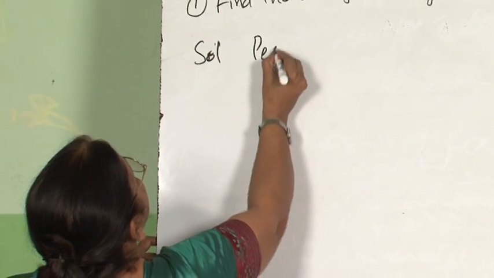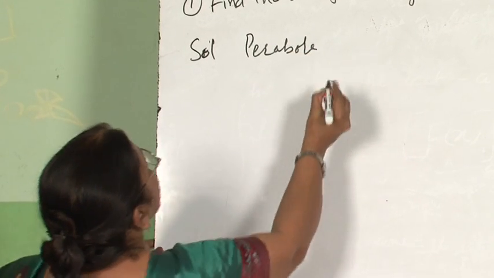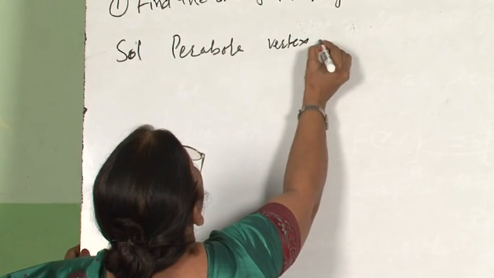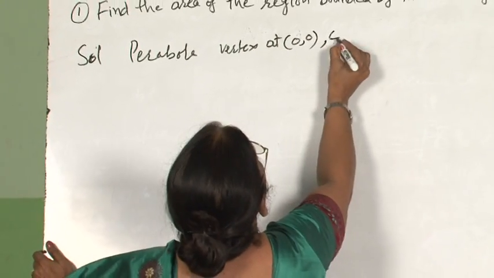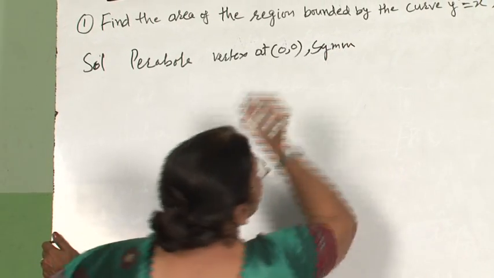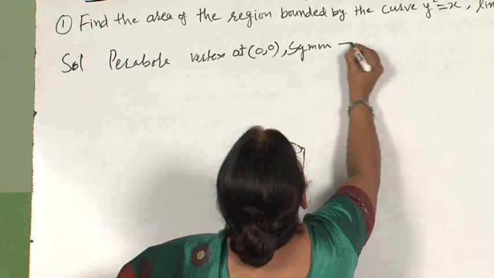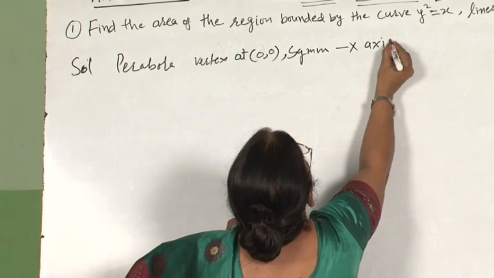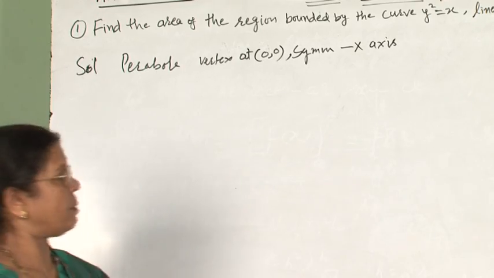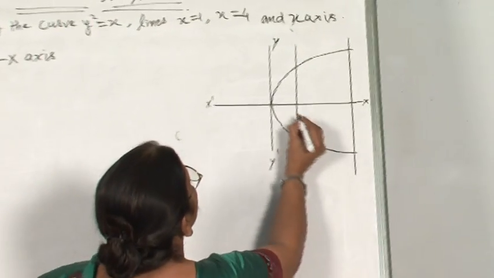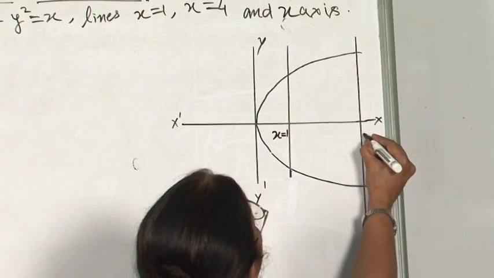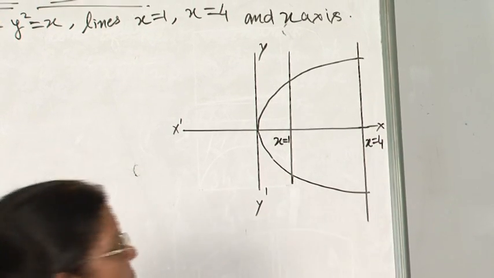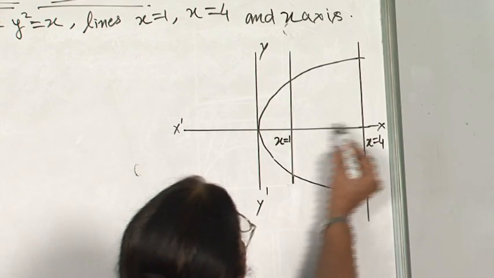This is a parabola whose vertex is at the origin (0, 0) and symmetric about x axis. x is equal to 1 is a line parallel to y axis, x is equal to 4 is also a line parallel to y axis, and this is x axis.